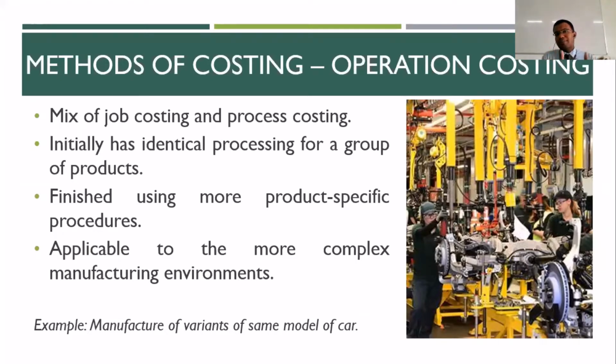The car model may be the same, but it may have different variants. So the price of DXI of Maruti Swift may not be the price of LXI, because there is a differentiation in the product. So this is an example, a scenario where you will have to apply the concept of operation costing.